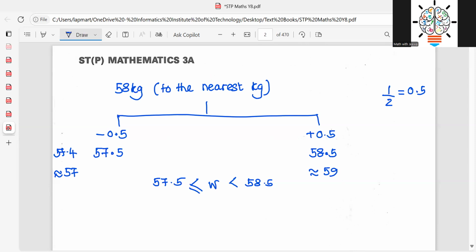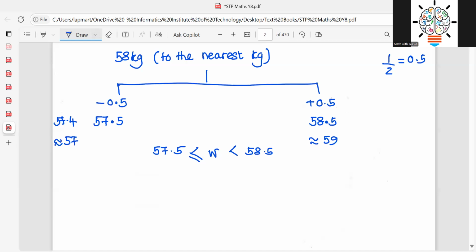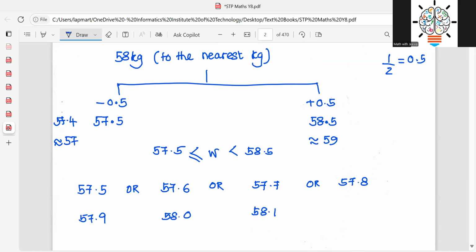Now, if they ask what can be the weight of this particular child, it can be 57.5, or it can be 57.6, or 57.7, or 57.8, then 57.9, and 58.0, 58.1, and 58.2, then 58.3, 58.4.